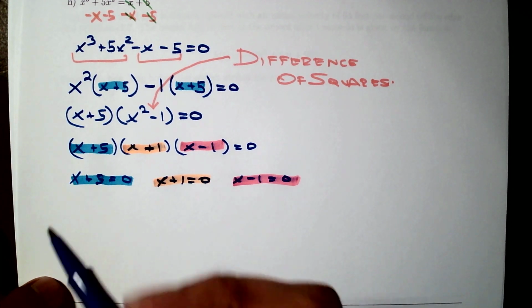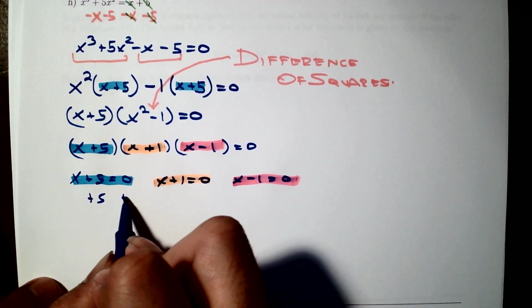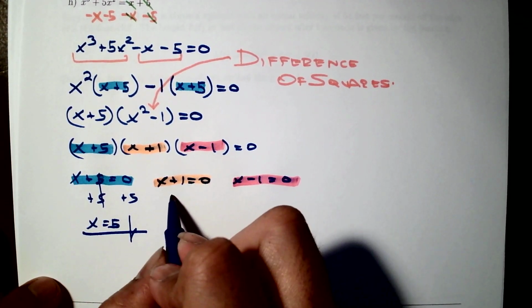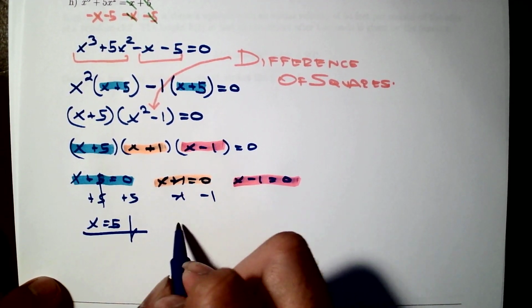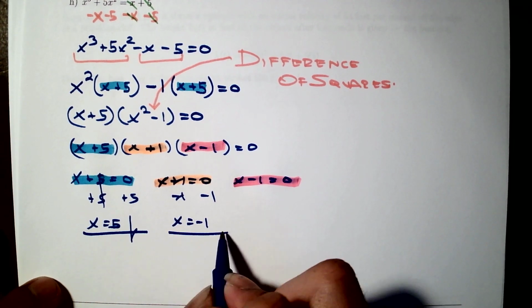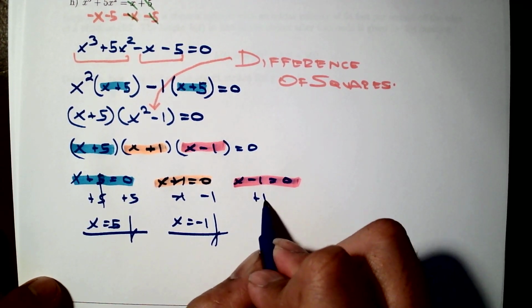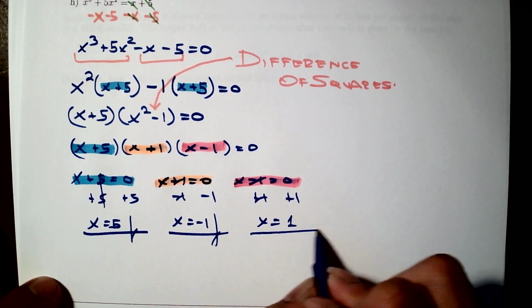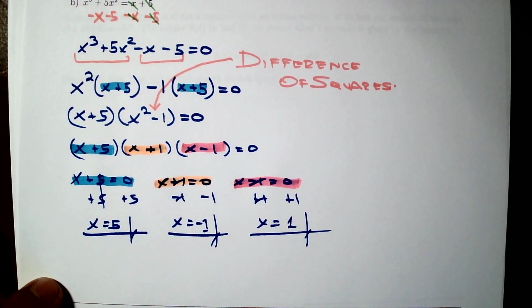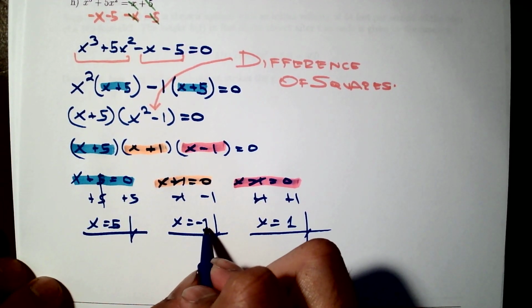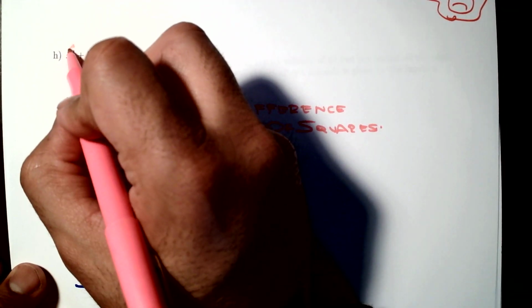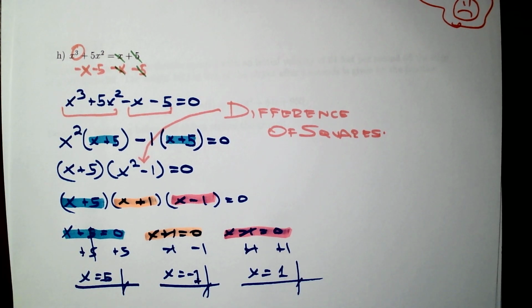Add 5 to both sides, x equals 5. Subtract 1 from both sides, x equals negative 1. Add 1 to both sides, x equals 1. So 3 solutions. Notice 3 solutions because we have a degree 3.